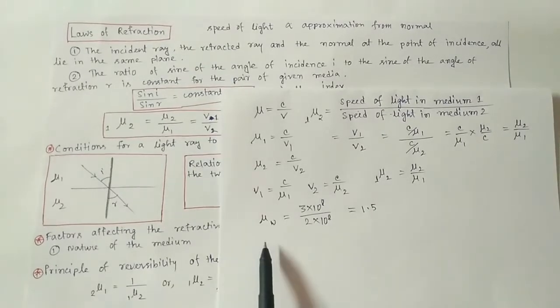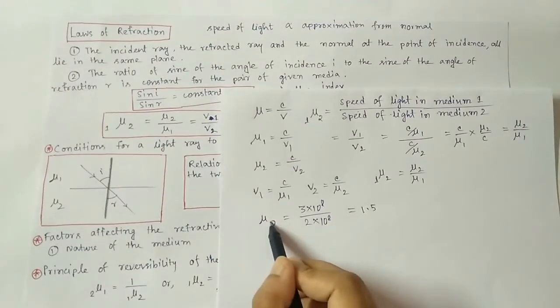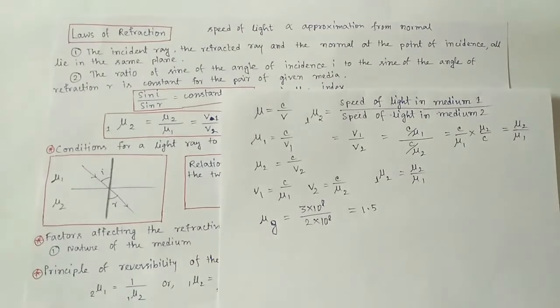Now, the refractive index has no unit as it is a ratio. So this is the refractive index of glass. If you are told that the refractive index of glass is equal to 1.5, it means that the velocity of light in air is 1.5 times greater than the velocity of light in glass.